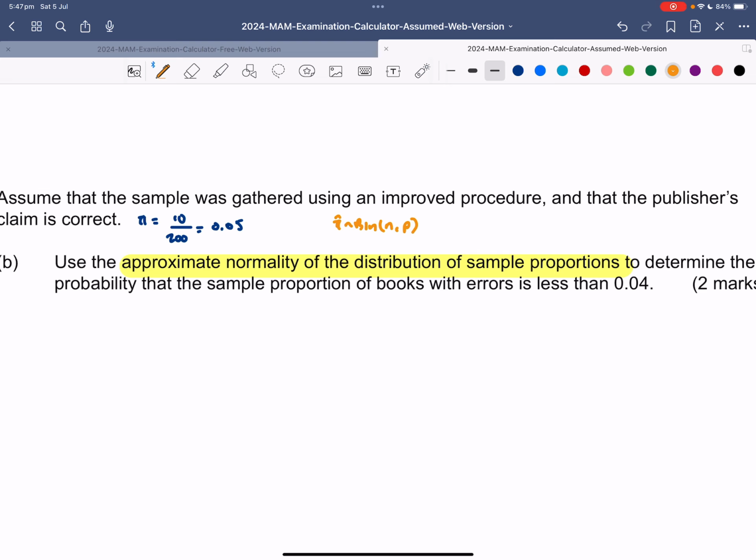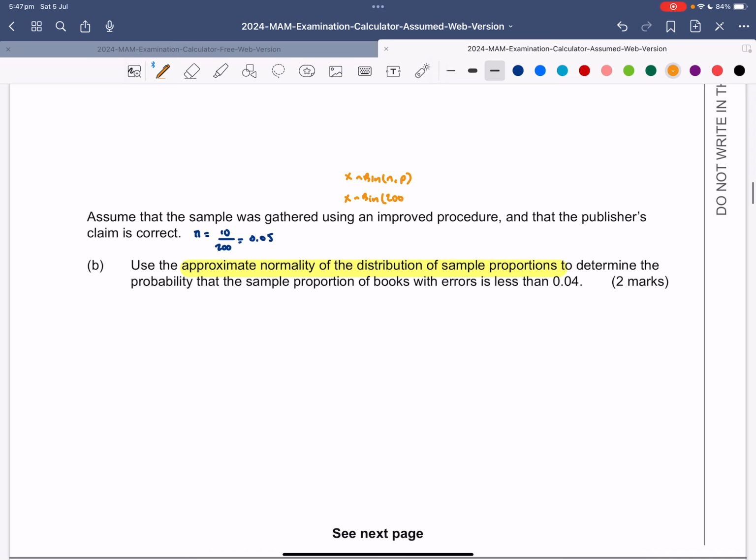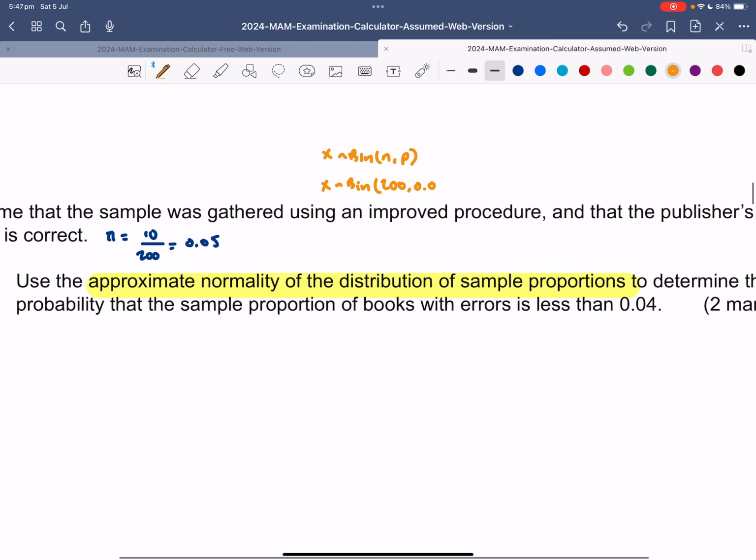So in this particular case, the number of books that have printing errors follows a binomial distribution, and this binomial distribution has how many trials? 200 trials, and the probability of an error is 0.05. That's the exact distribution, okay?